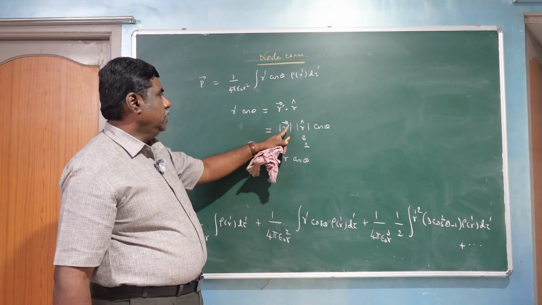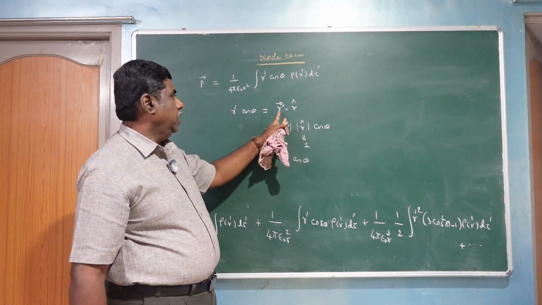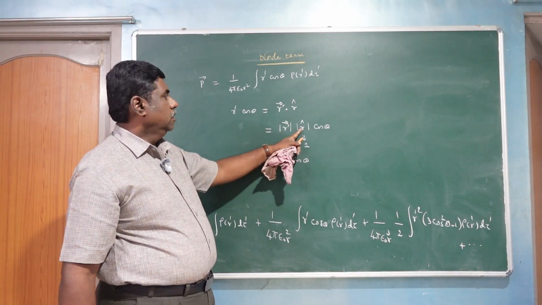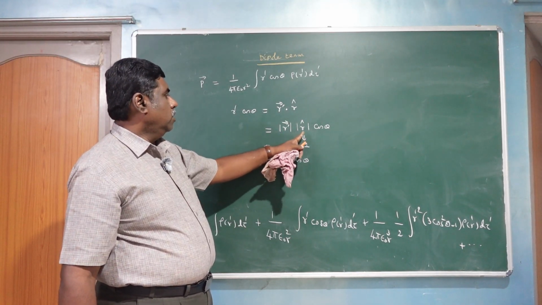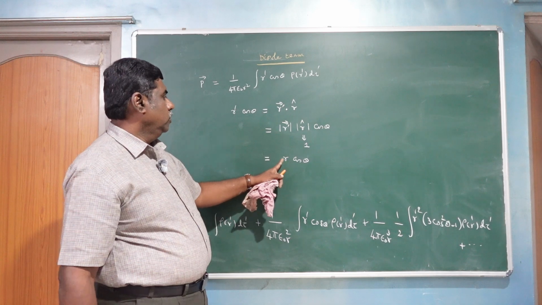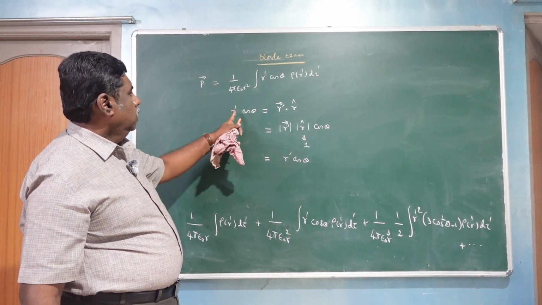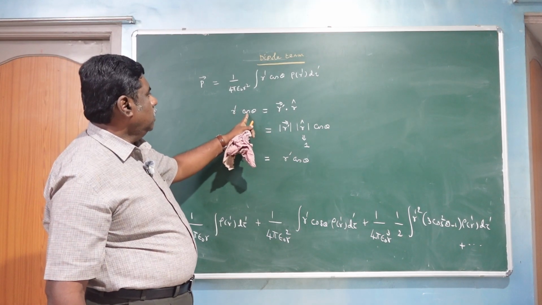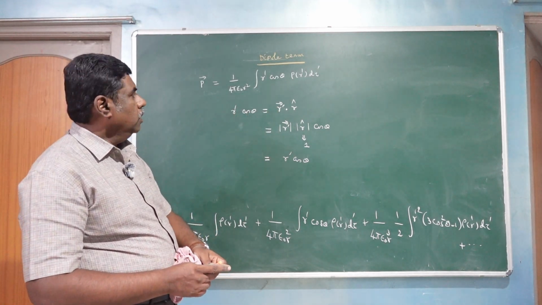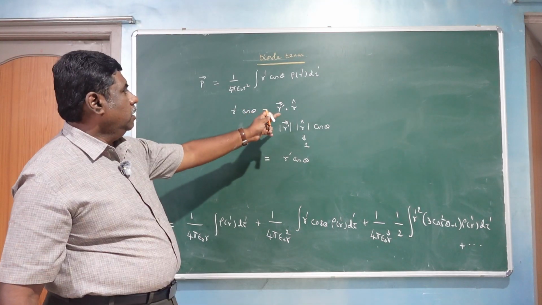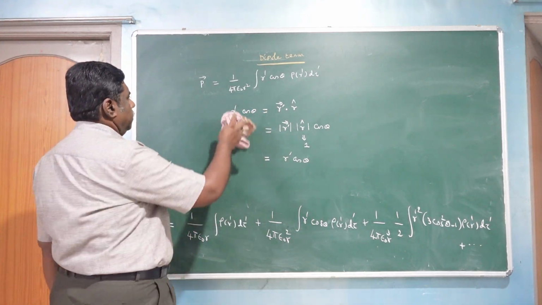Modulus of r dash into modulus of r cap cos theta. A dot b equals ab cos theta, so it is the general formula. But modulus of r cap is unity. So this is r dash cos theta. Therefore we can write r dash cos theta equal to r dash vector dot r cap.